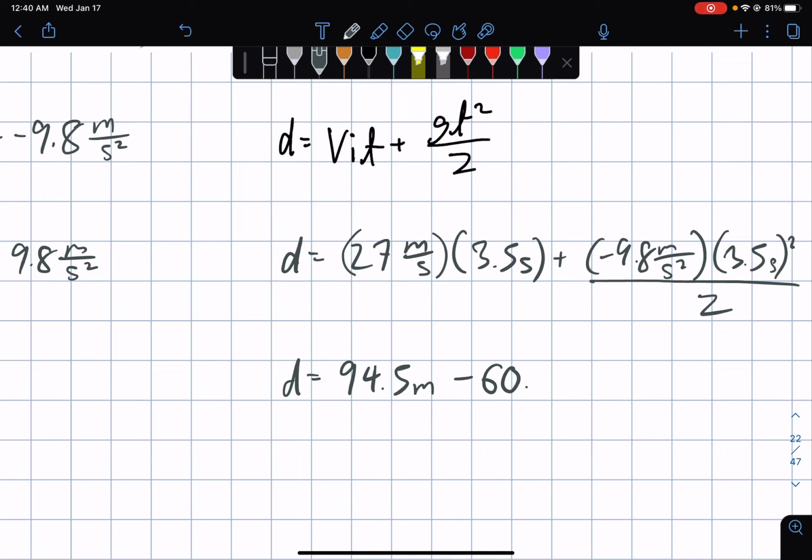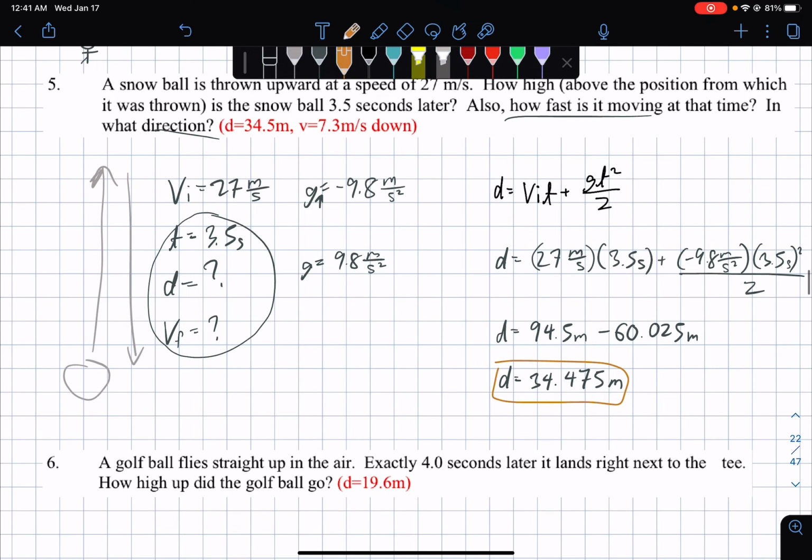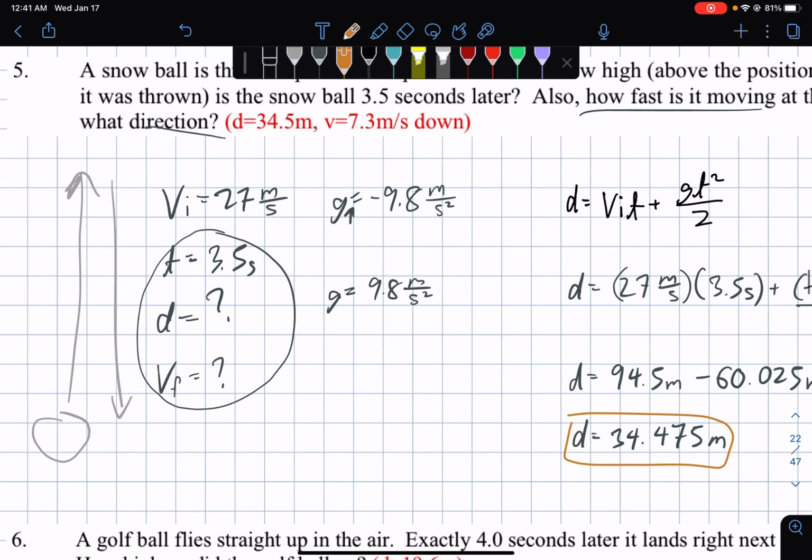There's gonna be minus 60.025 meters. So 94.5 minus 60.025 is equal to 34.475 meters. Let's look for the velocity.